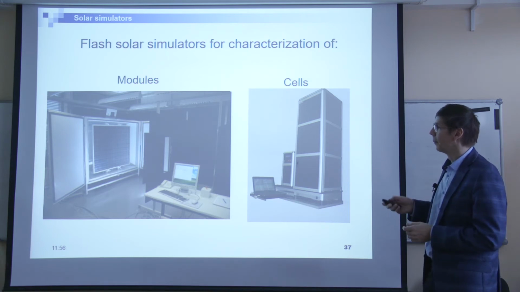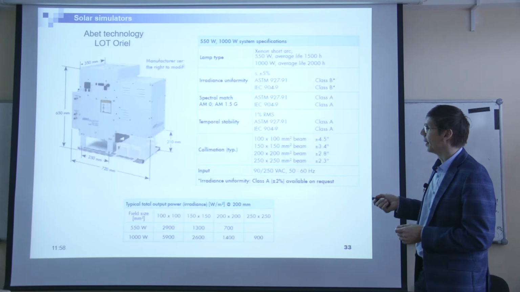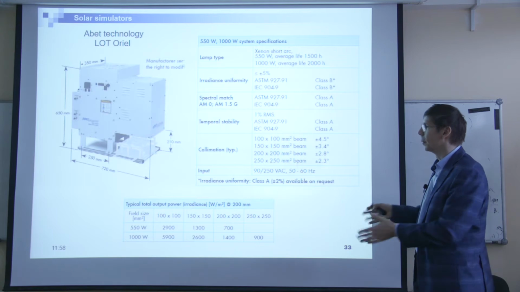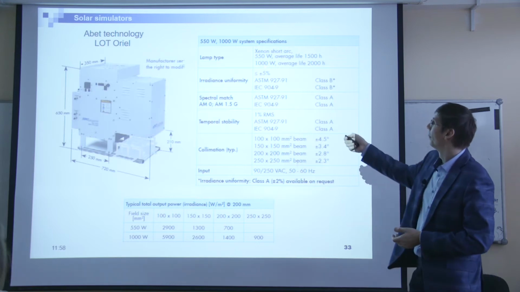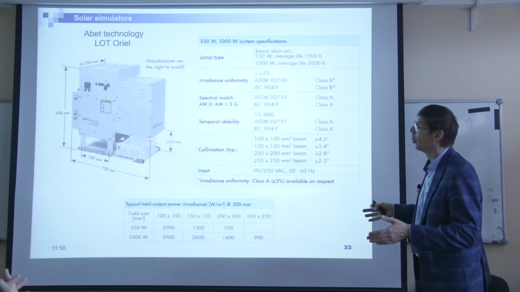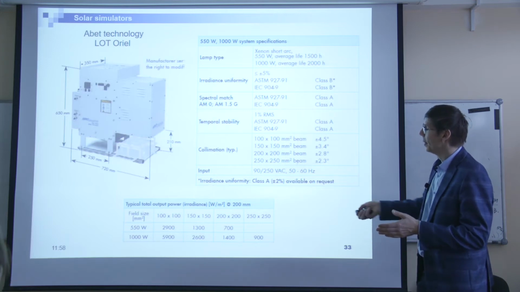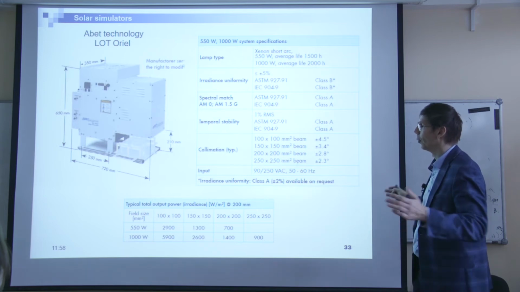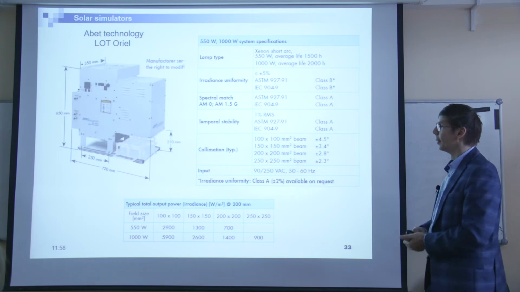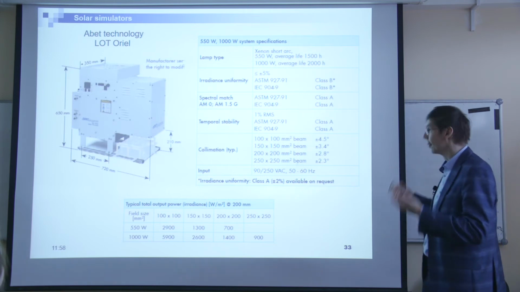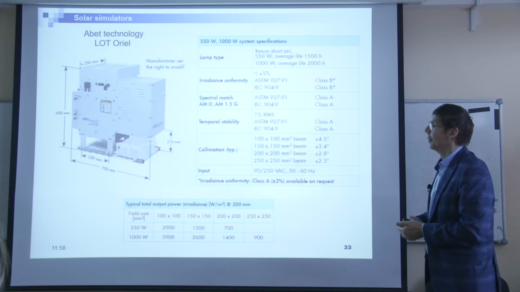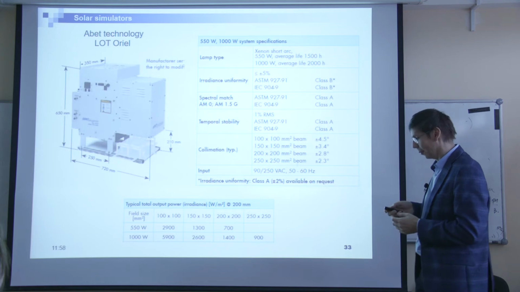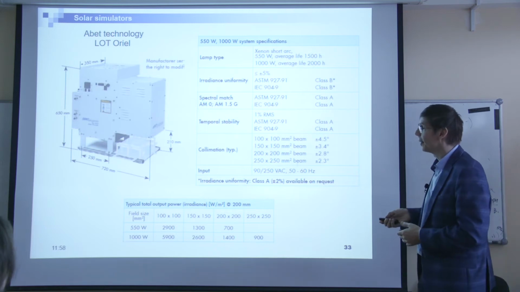For example, for a simulator like this, with an area of 20 by 20 centimeters, the power of the lamp is 1 kilowatt. You see here the area is 20 by 20 centimeters. So if you want to measure a module of 1 by 1 meter, you can imagine that it's a quite power consuming light source, a few tens of kilowatts. It's crazy.